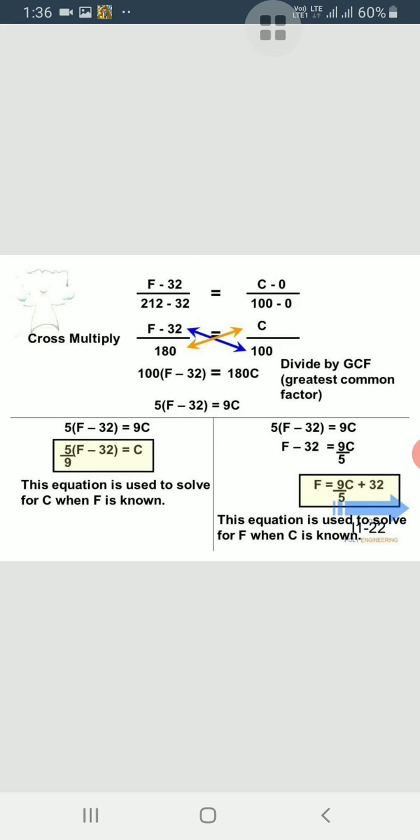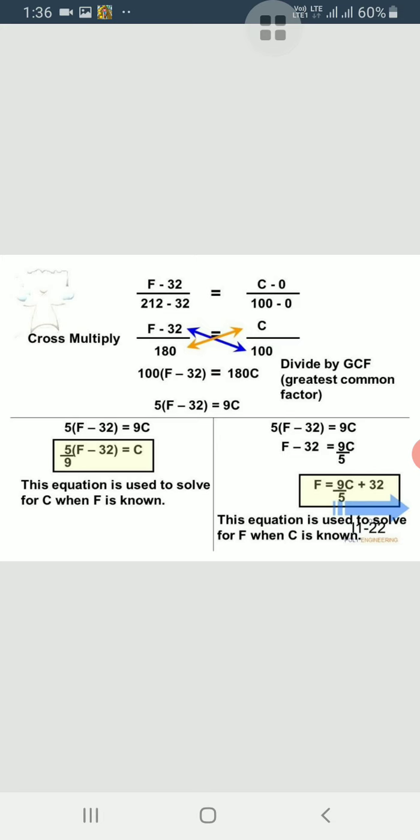When you are given the Fahrenheit temperature and you have to calculate the Celsius scale, then look at the left side. 5 into F minus 32 equals 9C.